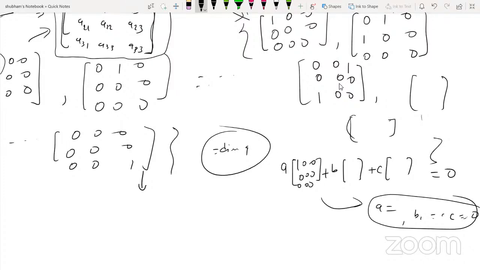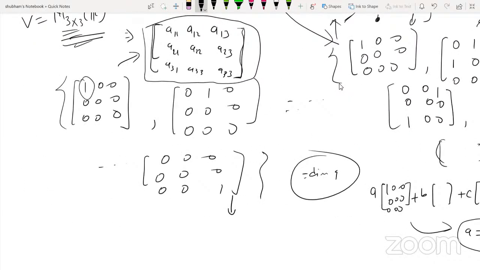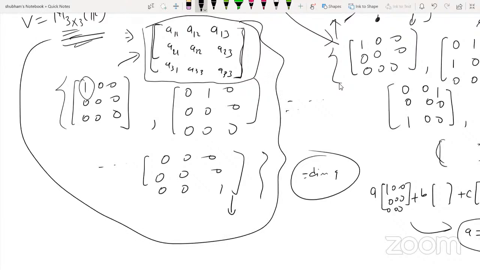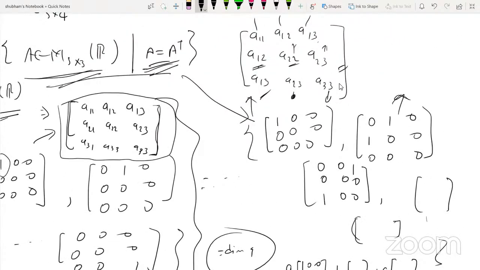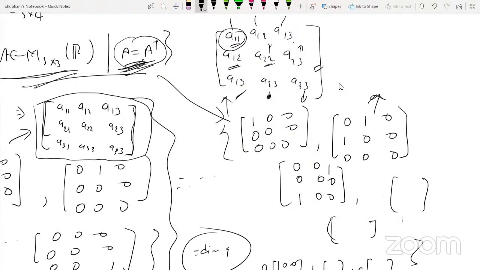Sir, you said that to form the basis we need 6 elements. Why not 9? For this one we needed 6 because A is equal to A transpose; that condition is given. Because for A12, A12 is also here because of the transpose.